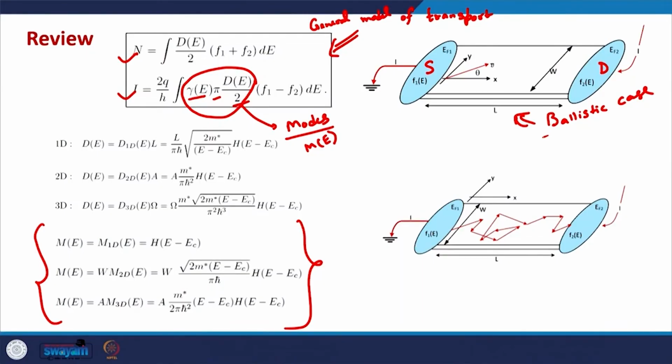In this kind of transport, the electron only traverses through one energy level, or one conduction pathway. But this is true when the conductor is small in length, more specifically when the channel length is less than the mean free path of the electrons, then the ballistic transport condition holds true.